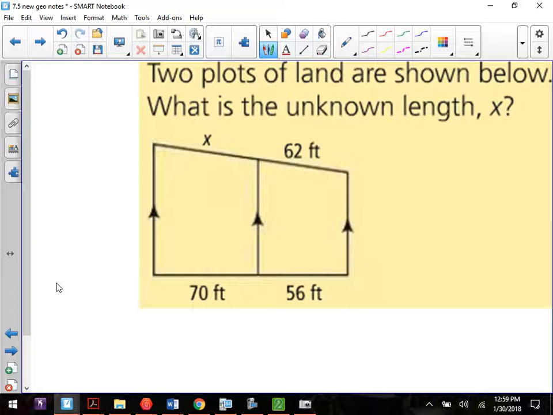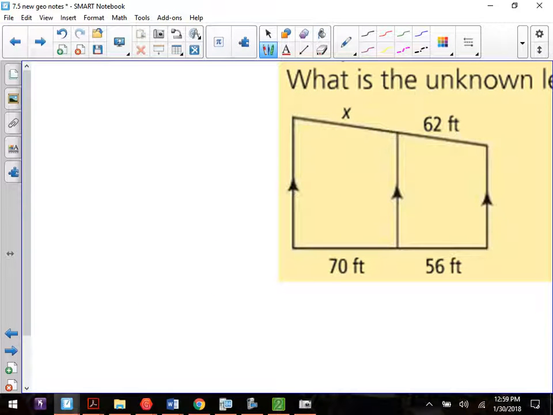So again, think of it as the fraction bar, splitting it into a numerator and denominator. Does it matter which direction you tilt to figure out which one's on top or bottom? Not at all. So if you're thinking this, if I lean over like, okay, that's 62 over x, has to equal 56 over 70.